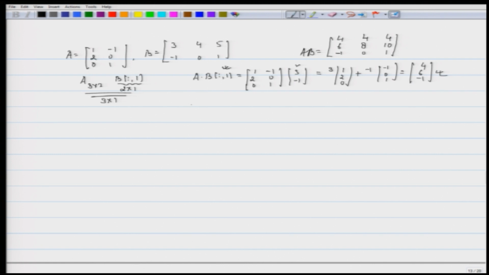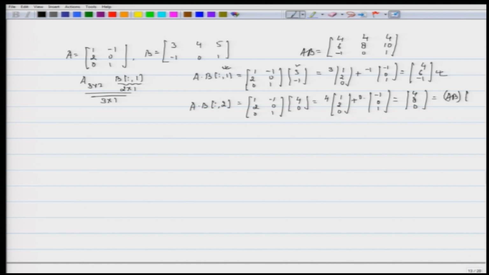Again, let us write A times the second column of B. Again, I have 1 minus 1, 2 0 0 1. Now, the second column of B is 4 comma 0. So, it is 4 times 1 2 0 plus 0 times minus 1 0 1, which is 4 8 0. Match it: this is the second column of AB, where earlier it was the first column.